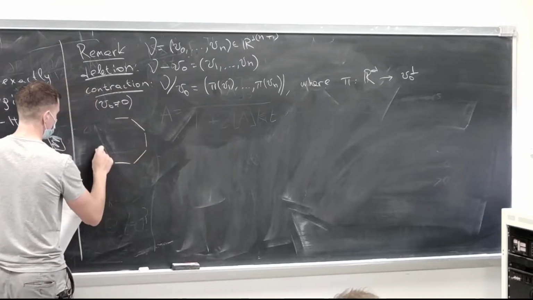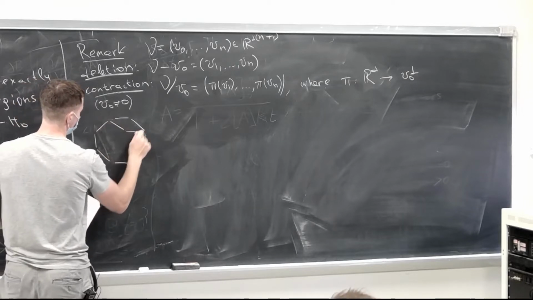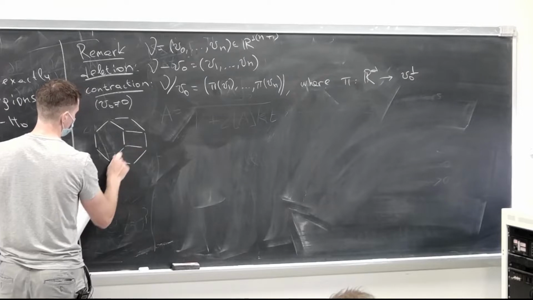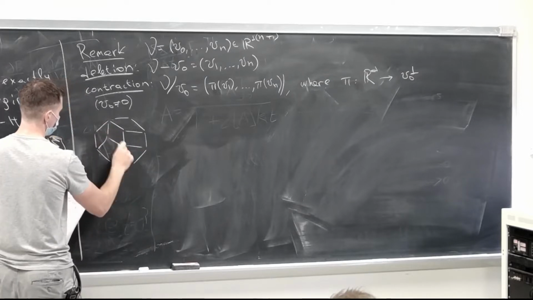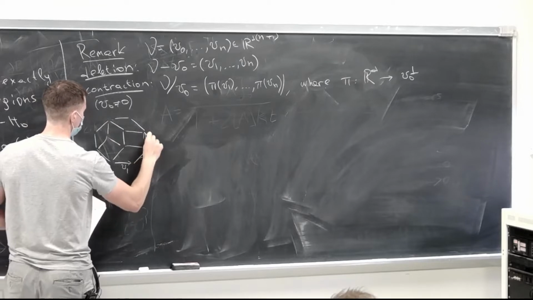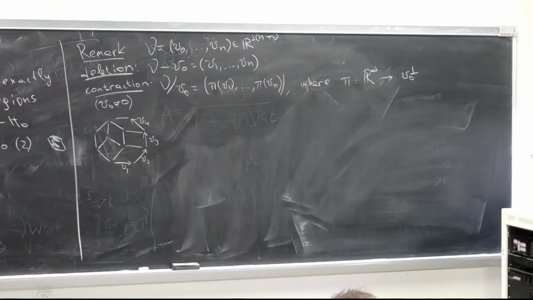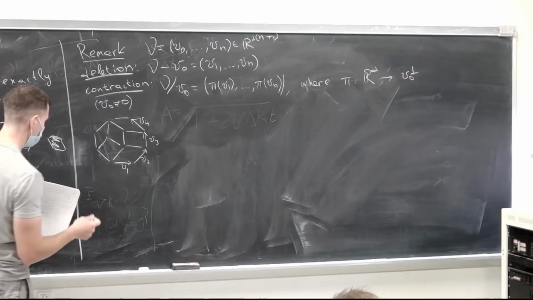The picture you should think of in terms of zonotopal tilings, I'm going to explain it precisely later, but let's say a fine zonotopal tiling, with v1, v2, v3, v4. Choose a vector that I should contract or delete. v1 is actually easy.